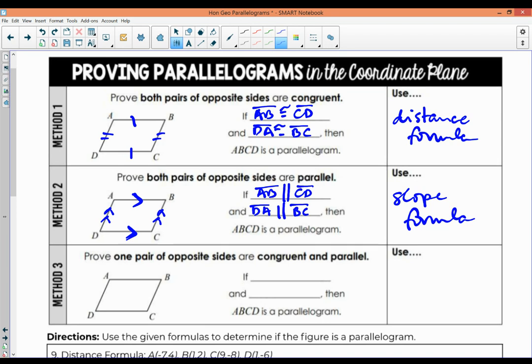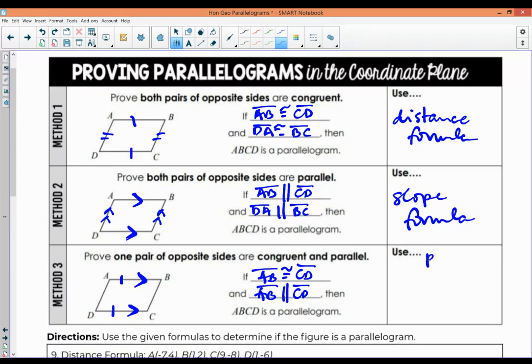Then the third way that we can do this is if we prove that only one pair of opposite sides are both congruent and parallel. So if segment AB is congruent to segment DC, AB is congruent to CD, and AB is parallel to CD, then we know that the figure is a parallelogram.